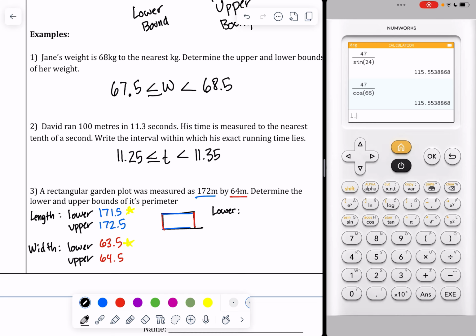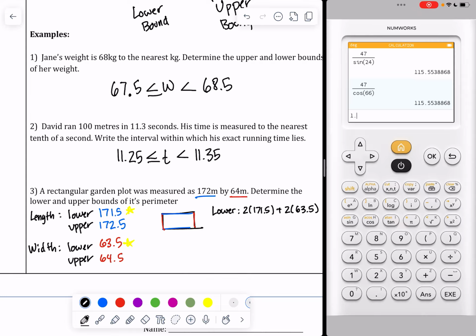So if the length was as small as possible and then the width is as small as possible, that would be 2 times 171.5, because we could add it twice, but shortcut, adding twice is the same as 2 times 171.5, plus 2 times 63.5.